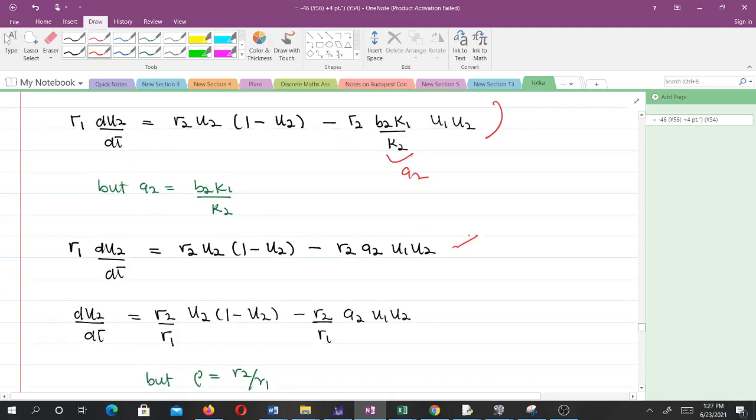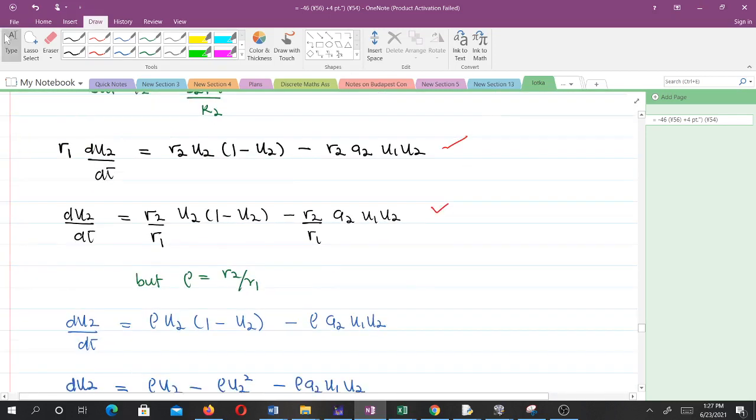Then we can decide to divide through by r1. So doing that, we get du2/dtau equal to r2 over r1 u2, whatever you can see here, okay? But we said that rho should be equal to r2 over r1. So making substitution, we'll get du2/dtau equal to rho u2 multiplying 1 minus u2, then minus rho a2 u1 u2.